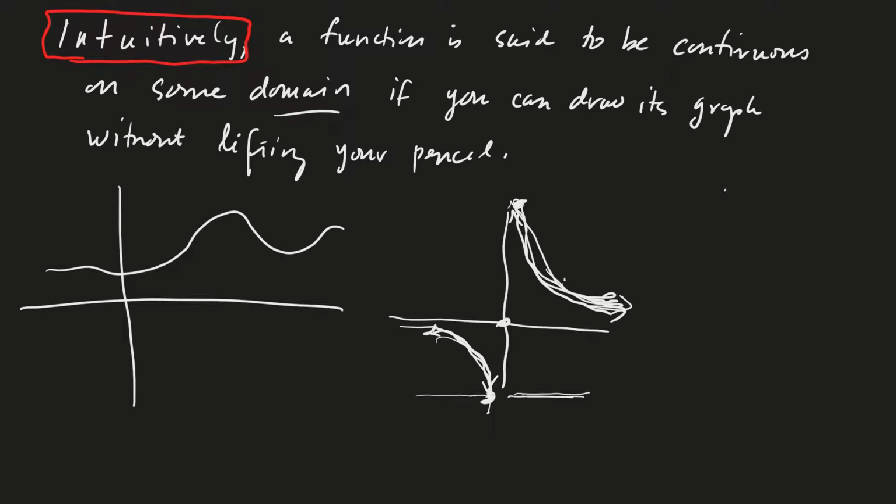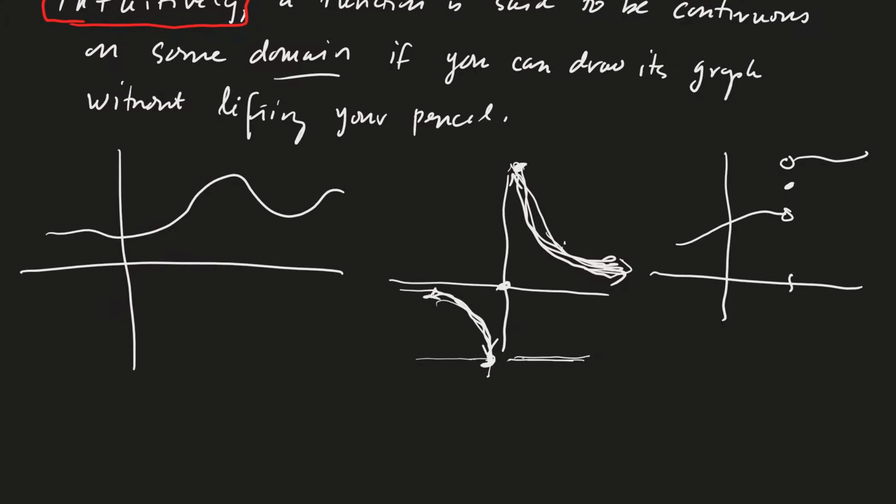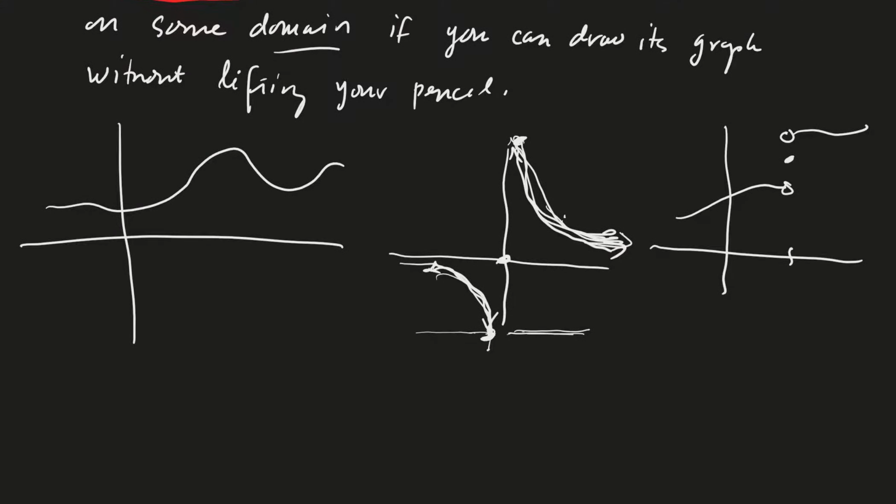Okay, what else is there? How about something like this? That would also not be continuous at this point. And then, of course, if you wanted to get real wild here, we could put some points in here.